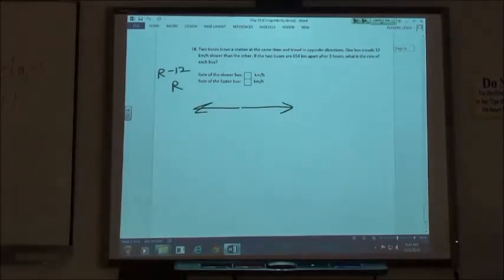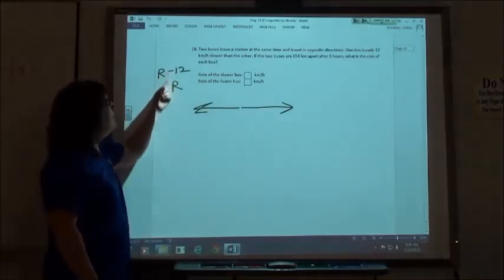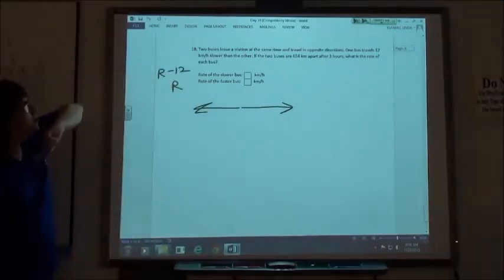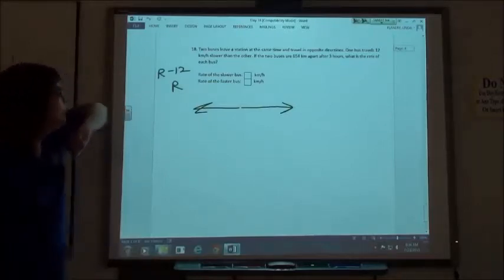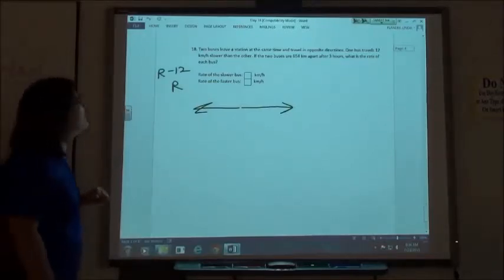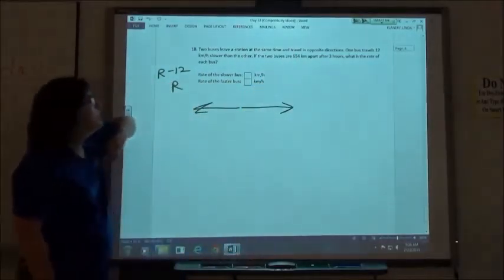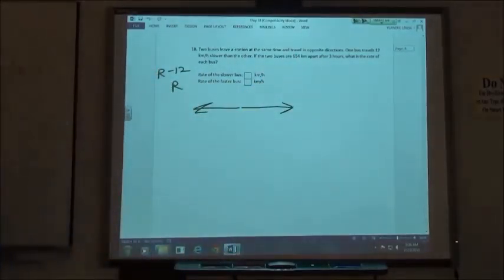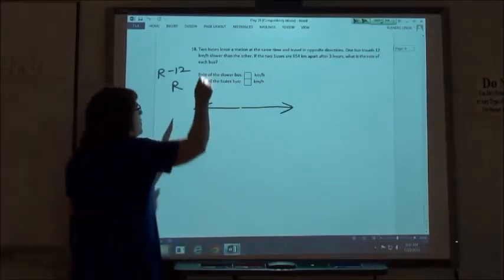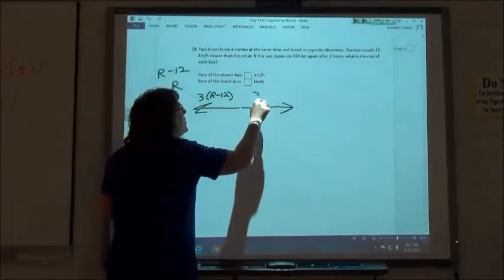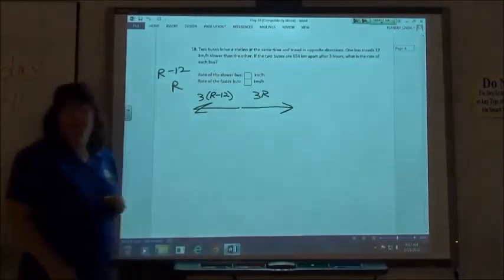So I have my rates of my two buses. The faster one's going r, the slower one 12 kilometers per hour slower, so r minus 12. Two buses are 654 kilometers apart after 3 hours. So one of them is going 3 times r minus 12. The other one would be going 3 times r, right?